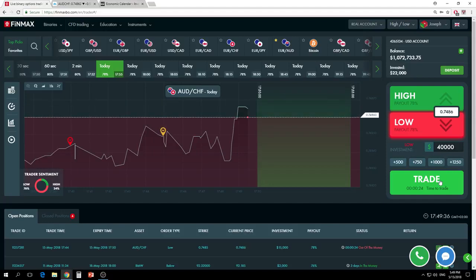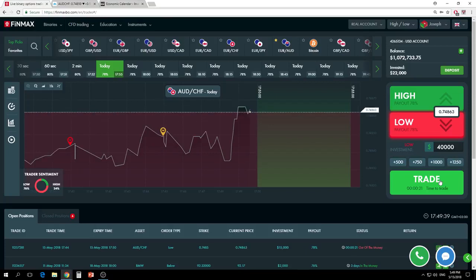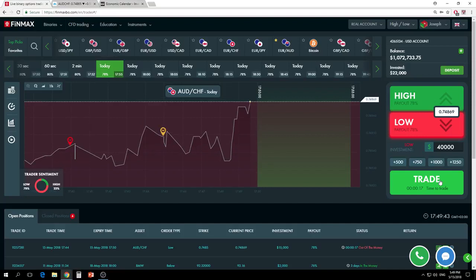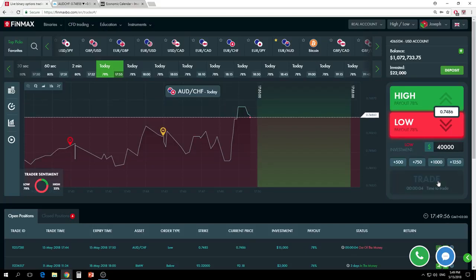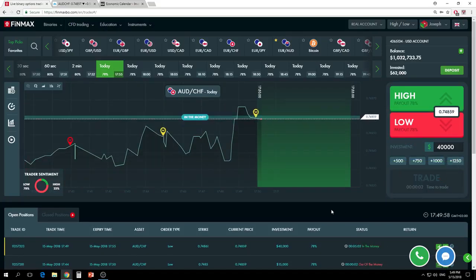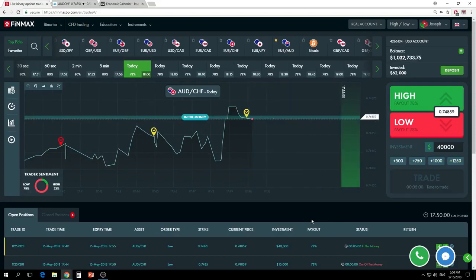And get ready, prepare for your next recovery trade together with me, that we will do in about 10 seconds if the situation is still unchanged. Get ready. Let's do it. So we have now opened our next recovery step on Australian dollar Swiss franc.